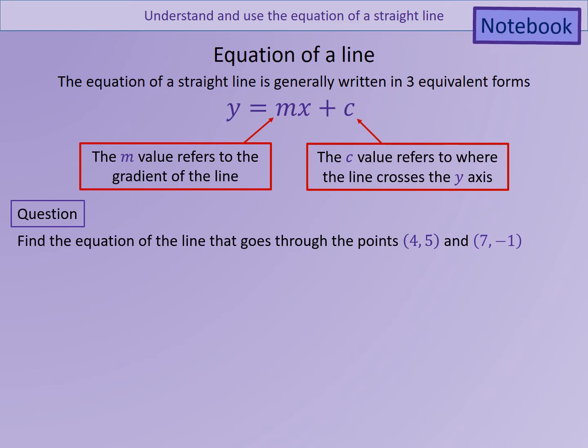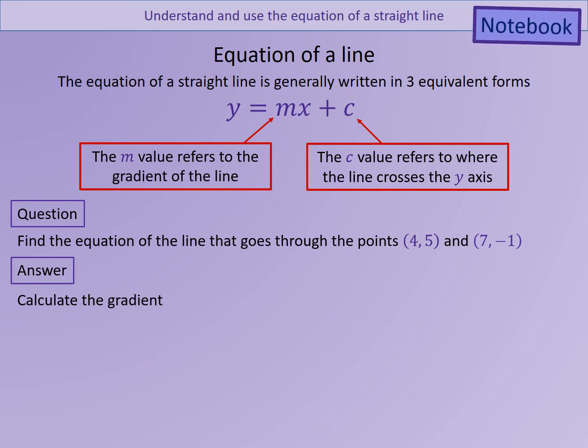So this question is similar to before, except that rather than just finding the gradient between the 2 points, I'm then moving on to also find the equation of the line. So the first thing I'm going to do is find the gradient.